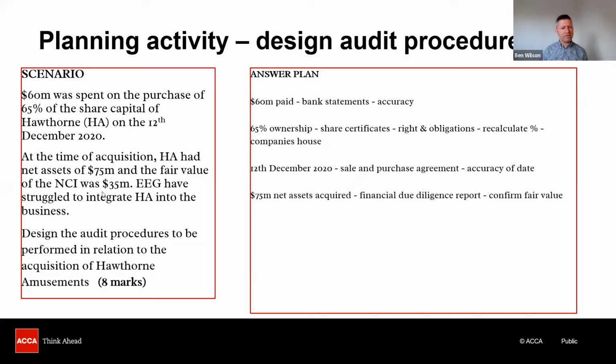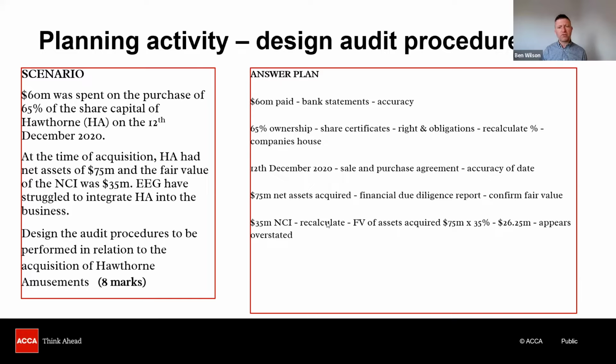Now, the next fact is the 35 million of non-controlling interest. For that, I don't just want to say go to the financial due diligence report. I want to do something different. I know that a non-controlling interest is the 35%, isn't it? That's the part that I don't own.